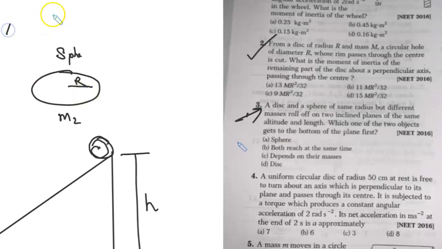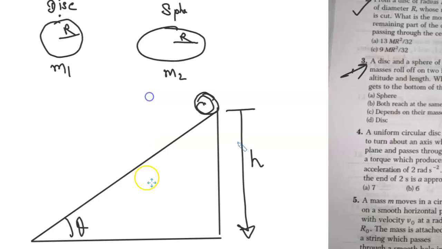The potential energy is going to be different as per the mass. Their kinetic energy cannot be the same. Whatever potential energy they lose is converted into kinetic energy.